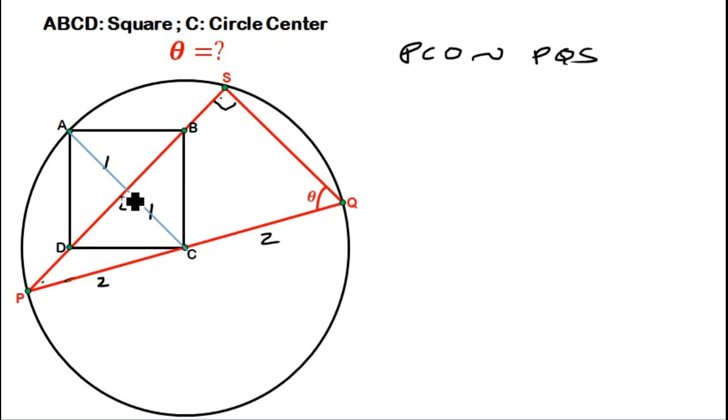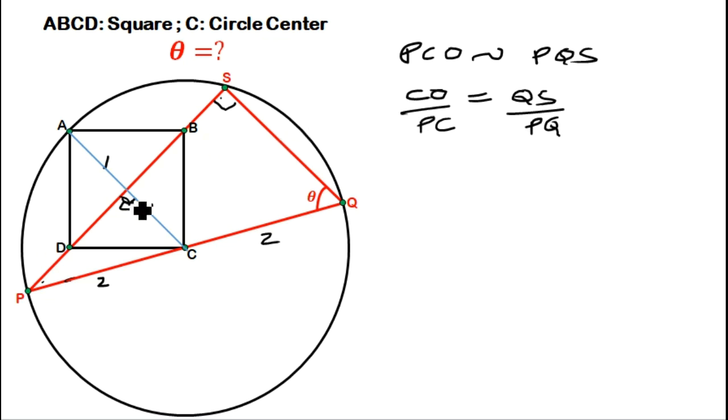The length C to O will correspond to the length Q to S, and the length P to C will correspond to the length P to Q, when you use congruence.